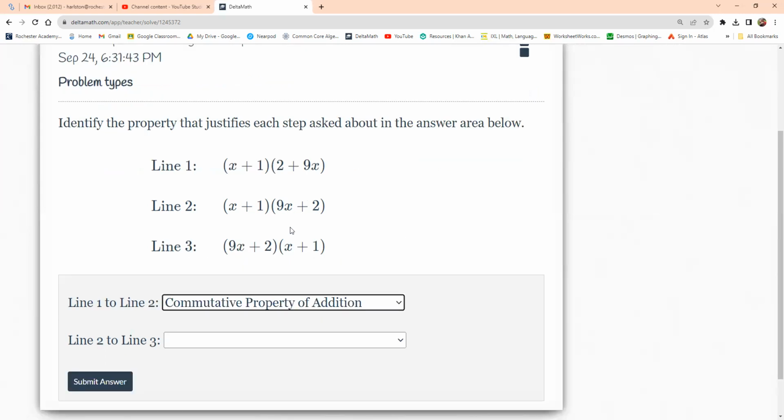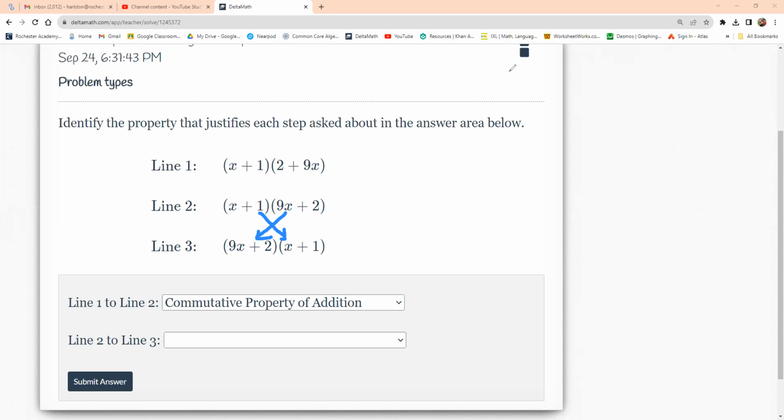Now, the second part: we have this x plus 1, and all we're doing is taking this and moving it over here, and taking this and moving it over here. So we're just reversing the order. This time, it's the commutative property of multiplication because it's the parentheses that we're moving, and parentheses always means multiplication.